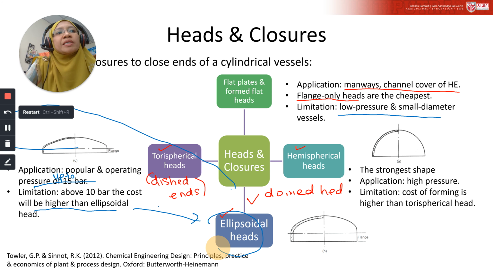But the limitation is cost; the cost of forming is higher than toruspherical heads. So the hemispherical head is normally used to design vessels which operate at high pressure.